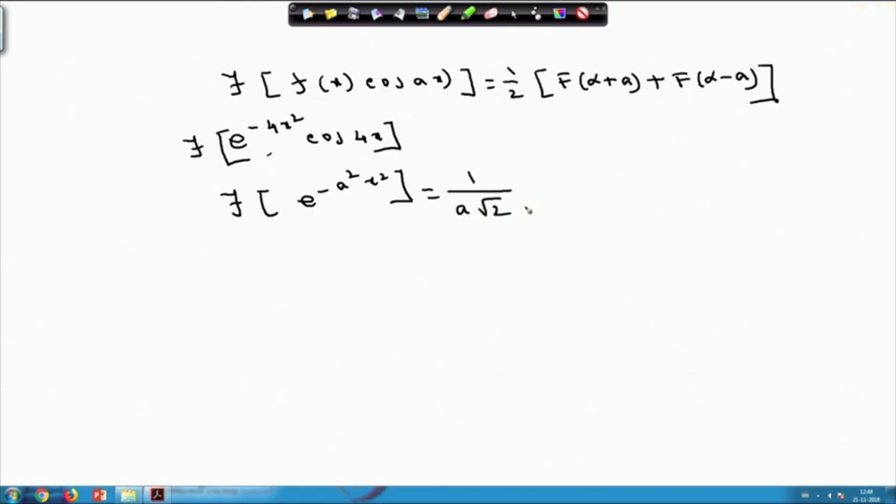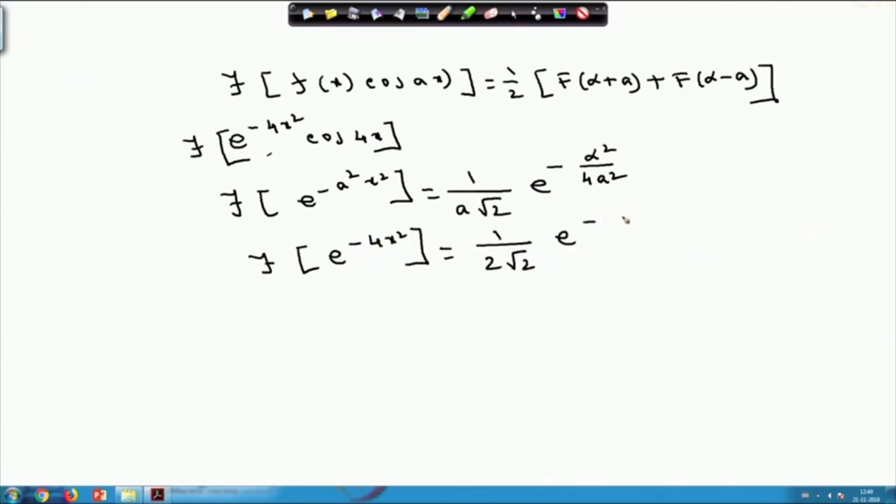Just in the last example also we have used it: 1 by 2a root 2 into e power minus alpha square by 4a square. Therefore, for the Fourier transform of e power minus 4x square, a square I am putting 4, so a is 2. So, it will be 1 by 2 root 2 into e power minus alpha square by 16.